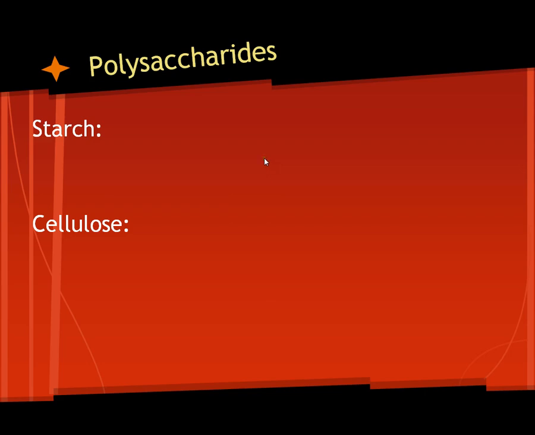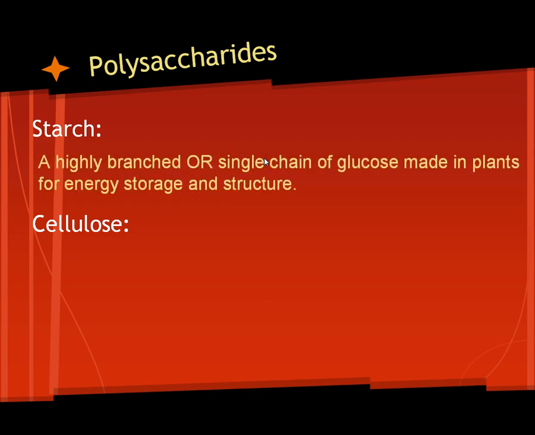Starch is an example of a polysaccharide that's found in plants, and cellulose is as well. Starch is a highly branched chain, or a single chain of glucose made in plants, and it can be used for energy storage or structure. If you think about a potato, the starchy, fleshy part of the potato is all starch, and in the case of the potato, it is actually energy storage.